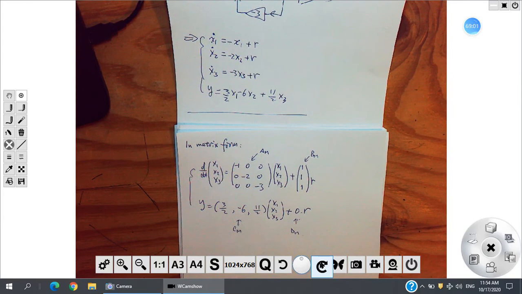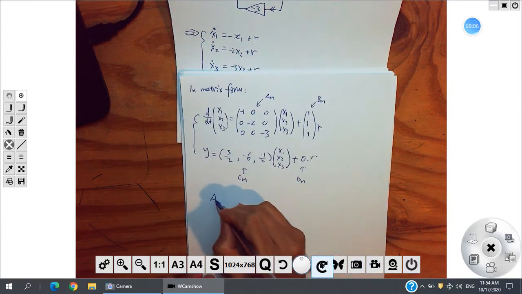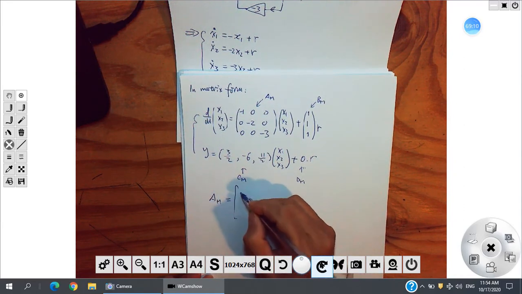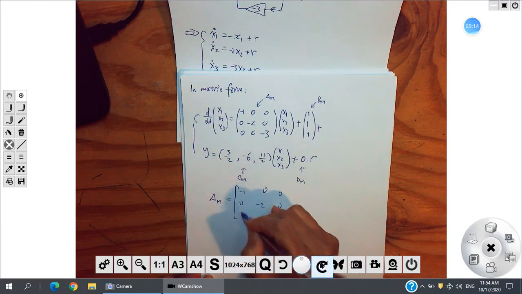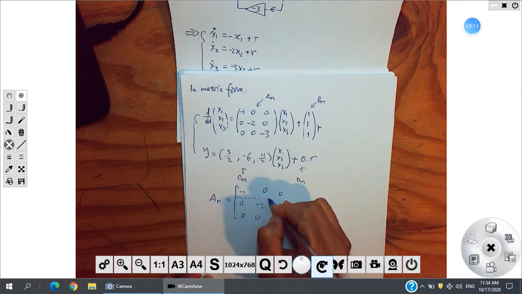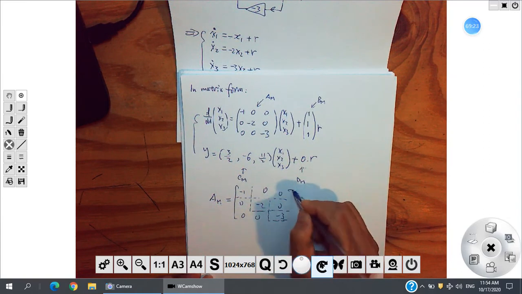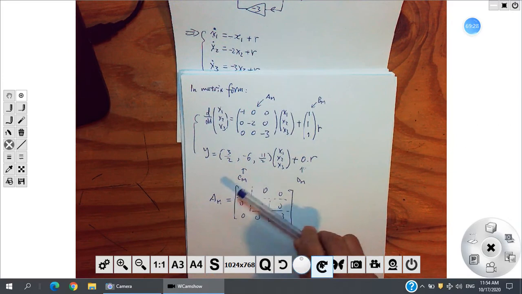Okay, here the feature is AM, the modal canonical form. AM equals negative 1, negative 2, negative 3 on the diagonal, and 0 elsewhere. So you see you have these three blocks on the diagonal, negative 1, negative 2, negative 3.